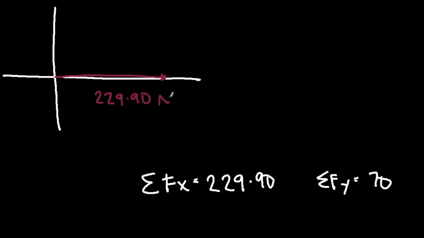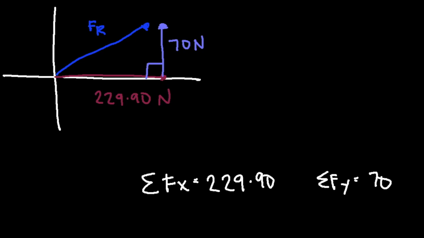And then for the y, we have 70 newtons. Notice that at this point, we form two vectors which are perpendicular to each other. So we will know the resultant by getting the hypotenuse, which is F of R.